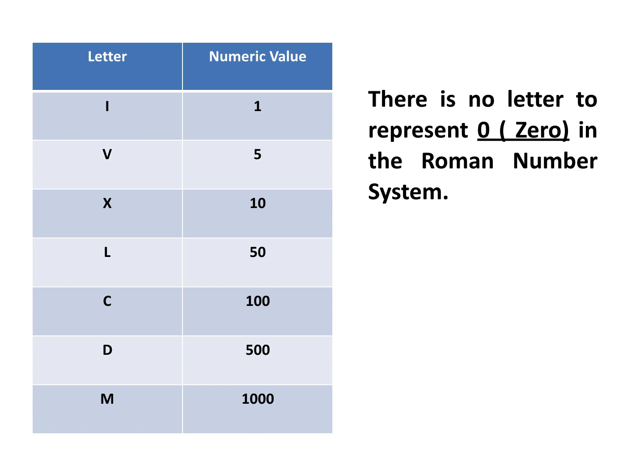M means 1000. These are the 7 letters: I, V, X, L, C, D and M. The numeric value is also given in this chart. Using these 7 letters we make all the numbers in Roman numerals.